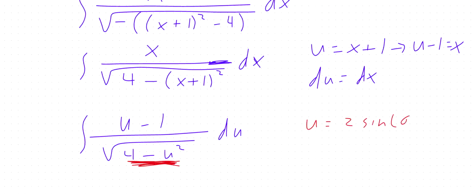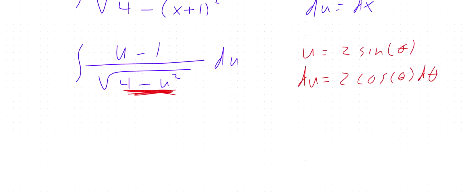So our du is 2 cosine of theta d theta. And then our numerator gets multiplied by 2 cosine.